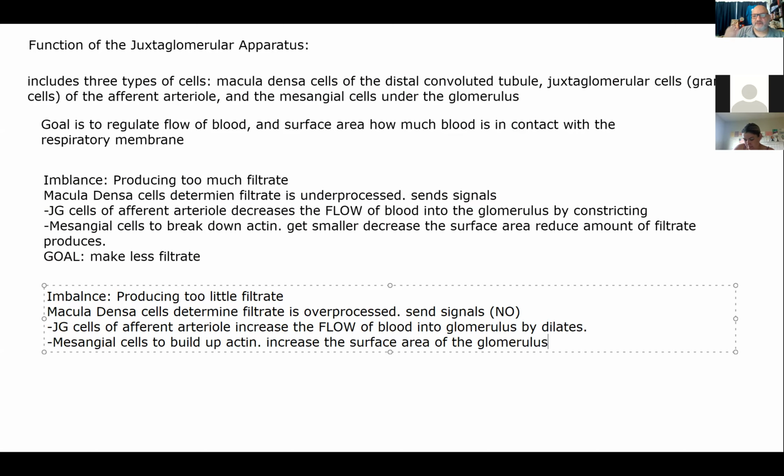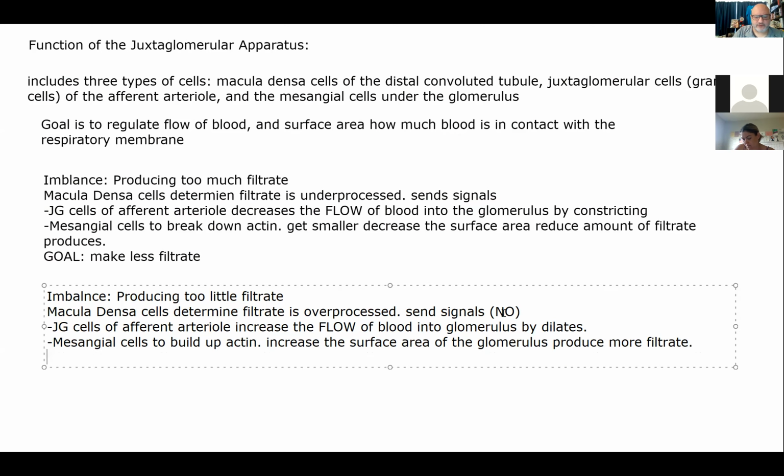And when we increase the surface area of the glomerulus, we produce more filtrate. Right, and that, of course, is our goal. Make more filtrate because we are not making enough. We are over-processing it.